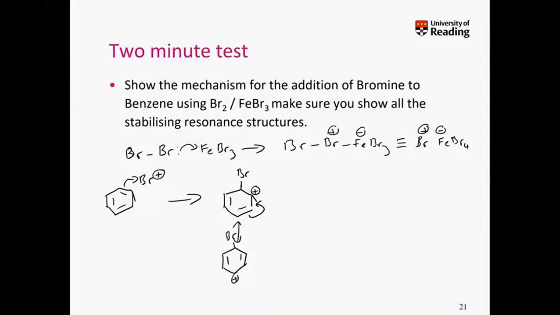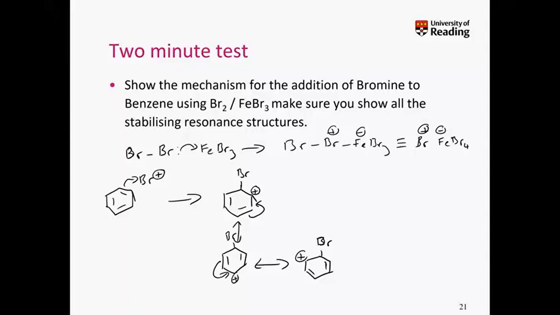Okay, and then we do the same thing again. So we can move that electron density around the ring, or that lack of electron density around the ring.